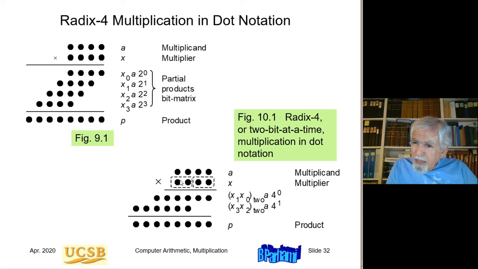And then we take the next 2 bits, or the next radix 4 digit, multiplied by a. Notice that the second partial product is shifted by 2 bits with respect to the first one, or 1 radix 4 digit. So you see here that if we want to do this multiplication, we needed to generate 4 partial products in radix 2, and therefore add 4 numbers.